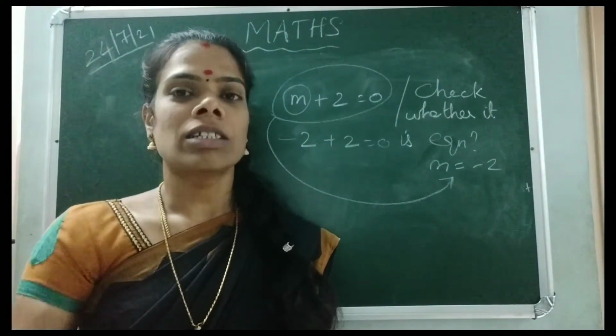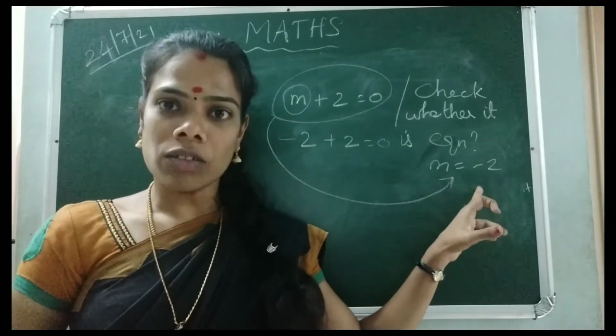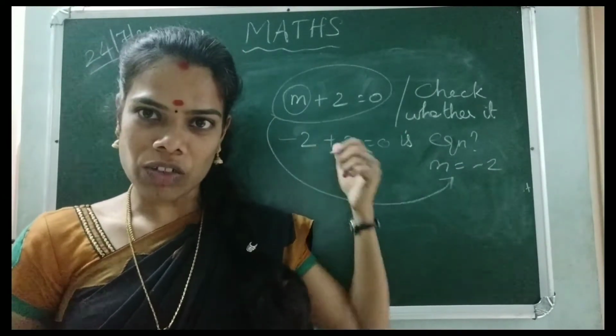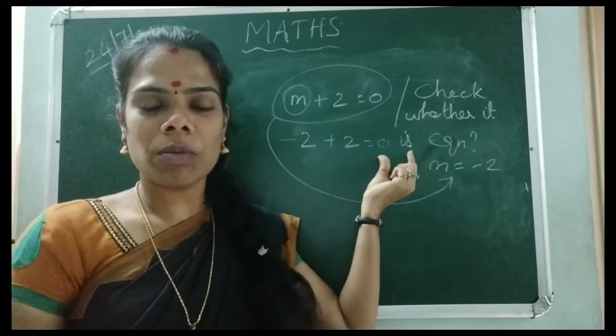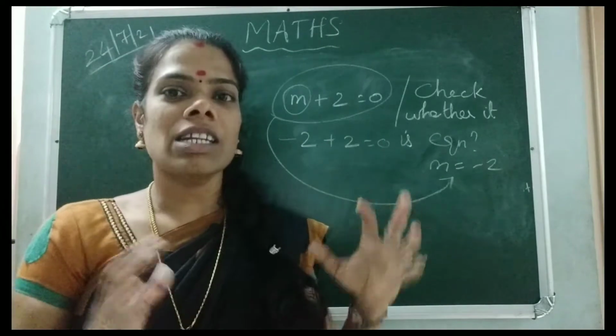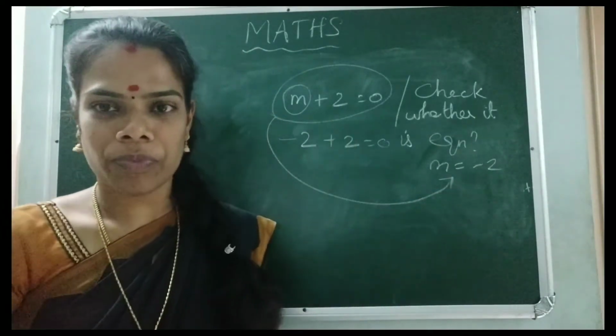Clear? If I give you an expression with some values, you replace that value in the equation. If you get the right side answer, then that is a correct solution for that equation.